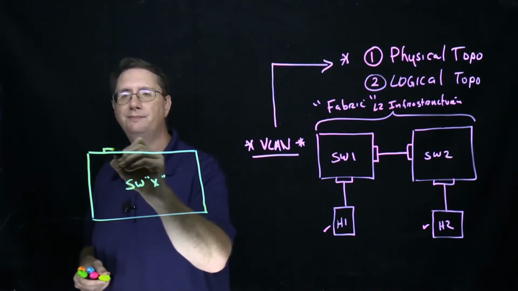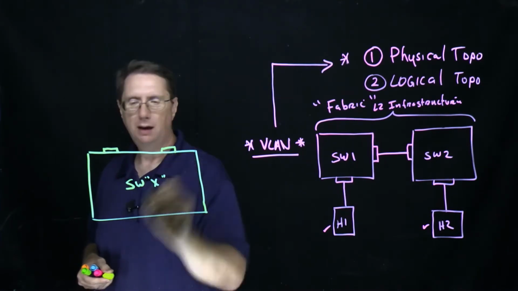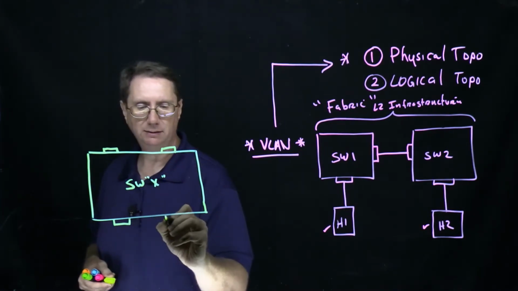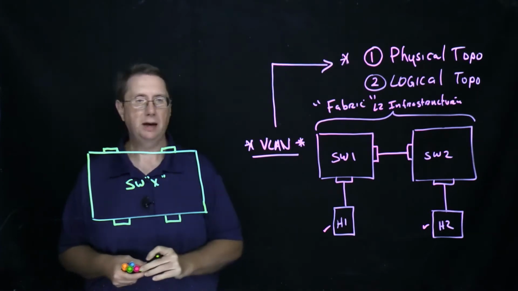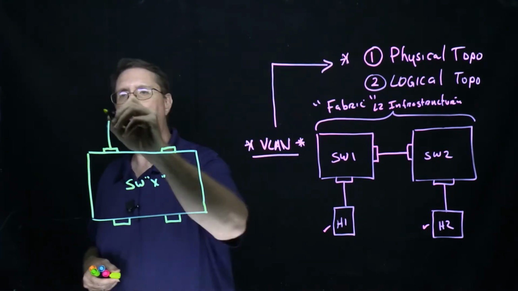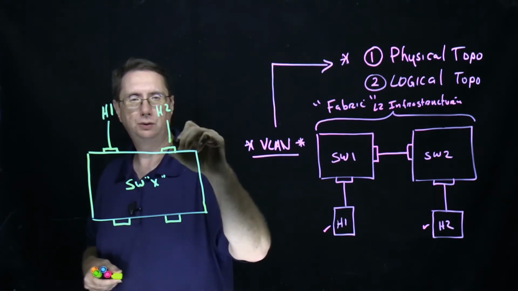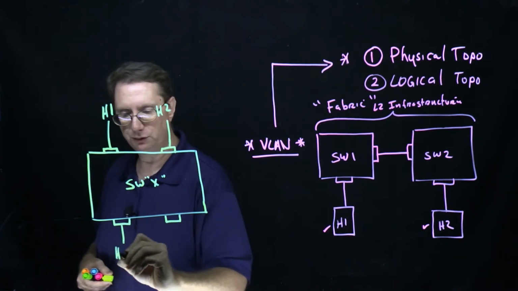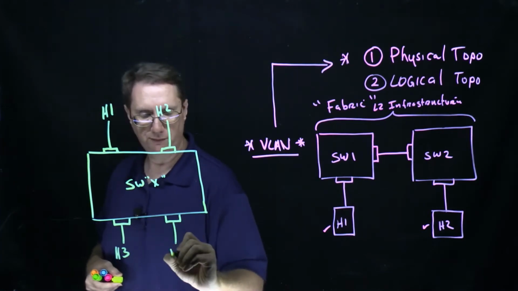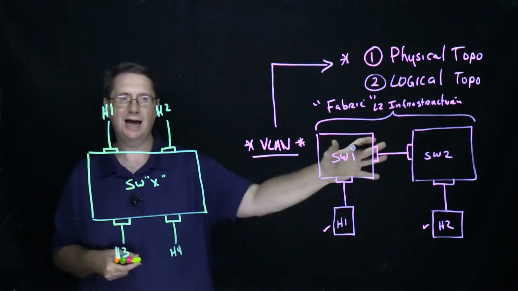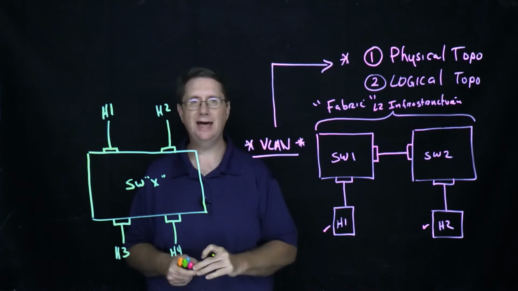We said that I have ports on my switch, and those ports are typically connected to hosts. Let's just say host 1, host 2, host 3, and host 4. Pretty much exactly what we have over here and what we've talked about to date.